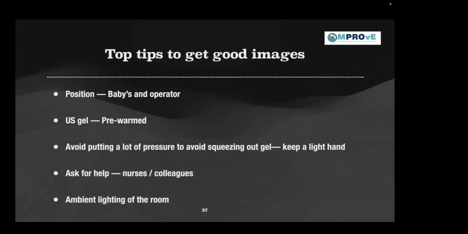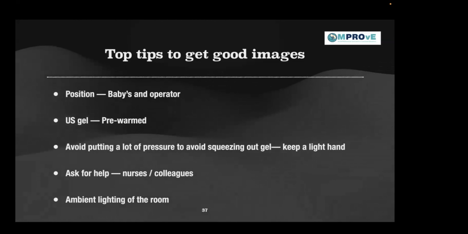Because you're not going to have a proper gain function, because to you the images will not appear as bright if the surrounding is too bright, and you will try to overcompensate with a lot of gain, and it will make your images very fuzzy. So have ambient lighting in the room when you're doing the scan, just shutting the window blinds or dimming the lights. It gives you beautiful images, and you will get the best adjustment of the gain and focus.